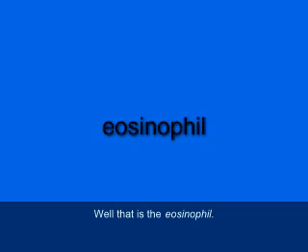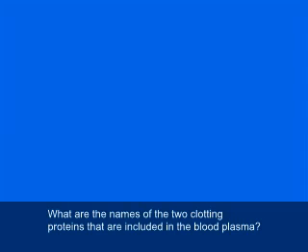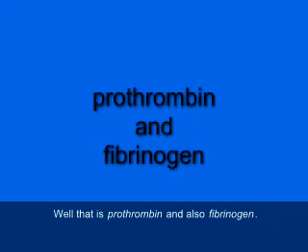What are the names of the two clotting proteins that are included in the blood plasma? Well, that's prothrombin, and also fibrinogen.